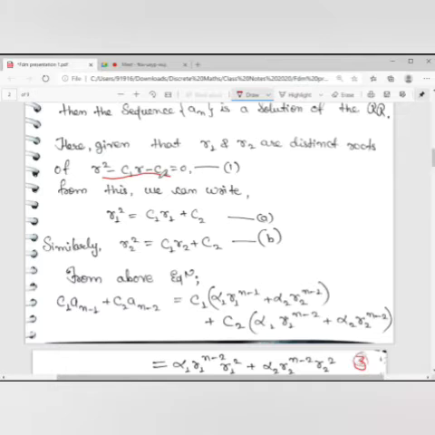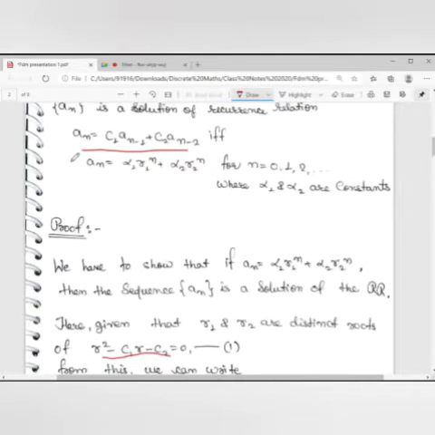I am representing this as equation number one. From equation one, we can write r1^2 = c1 r1 + c2, which I have denoted as A. Similarly, we can also write r2^2 = c1 r2 + c2, which I denoted as B. From these equations, we will put n-1 in place of n in this equation, then we will get the value of a_(n-1), and we will put the value in this equation.